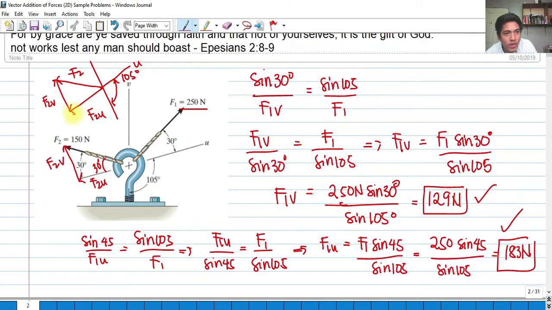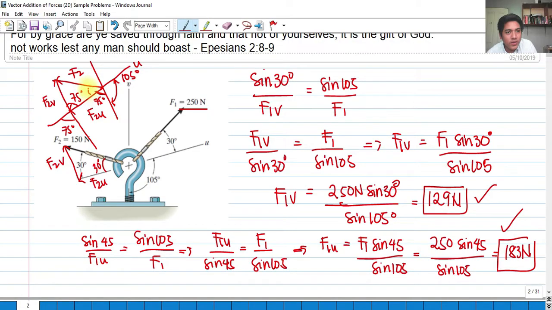If we are going to get this angle, it is 75 degrees, because this is a straight horizontal line, the angle should be 180. If this is 105, this is 75. Obviously. And if we extend F2V in this direction, this is 75 degrees, so this should be 75 degrees because vertical angles are congruent.